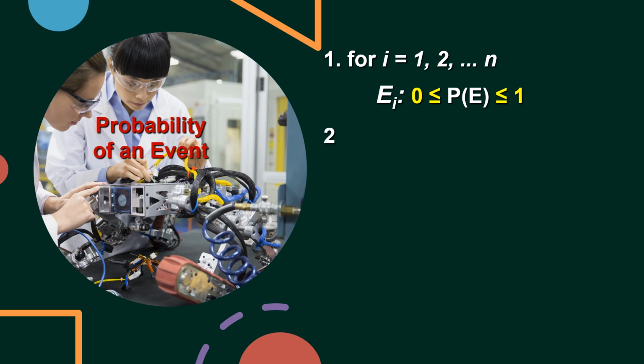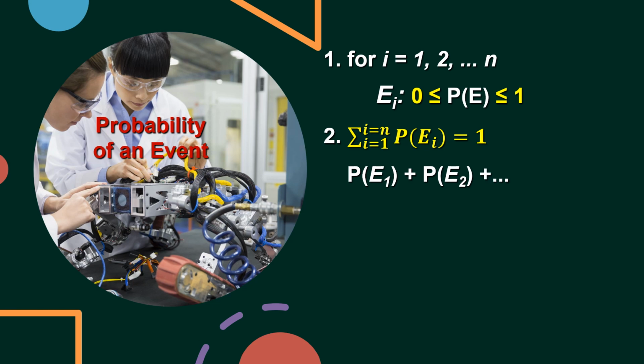And number two, the sum of the probabilities of all the outcomes, the summation of probabilities from i equals 1 until i equals n, is equal to 1. That is, the probability of E1 plus the probability of E2 plus, until you reach the probability of En, equals 1.